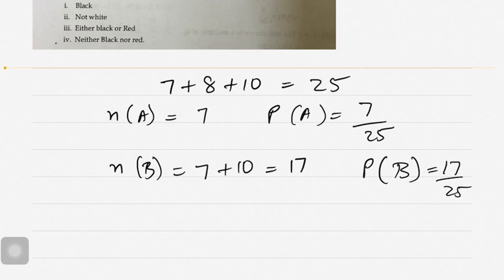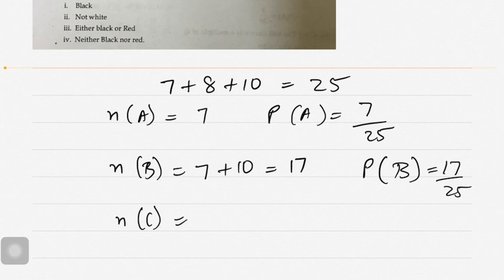Now third part, either black or red. Correct? So either black or red. Fine. So that means your N of C would be black or red, means 7 black and 10 red.